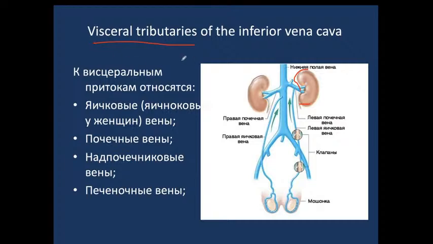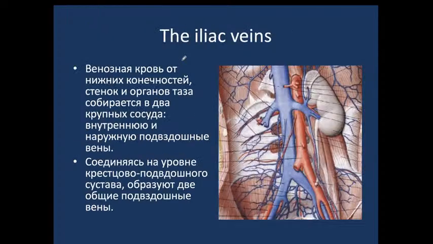There are no tributaries from abdominal organs such as the stomach, small intestine, pancreas, duodenum, because all blood from these organs comes into the portal system. We will talk about it later.